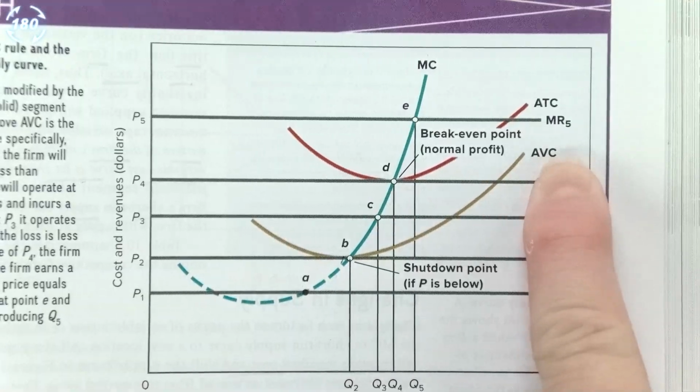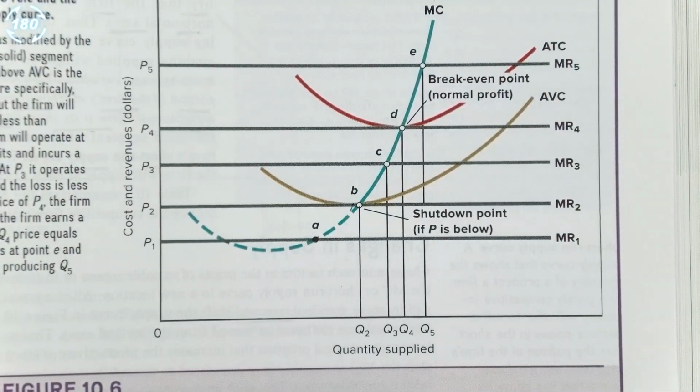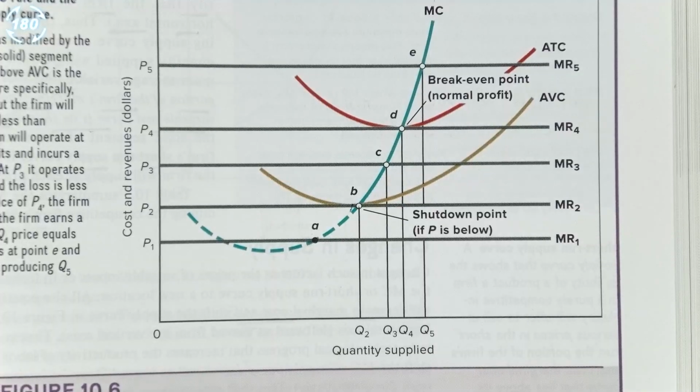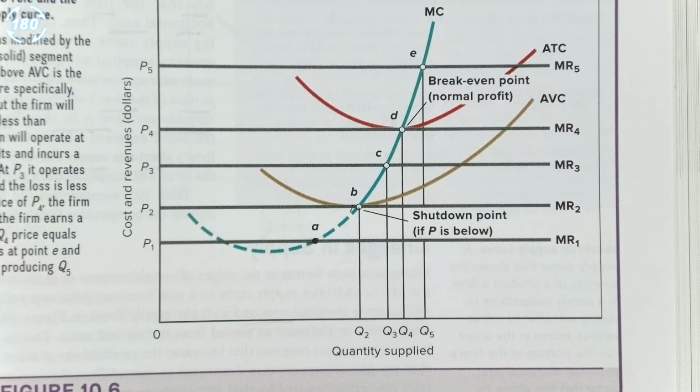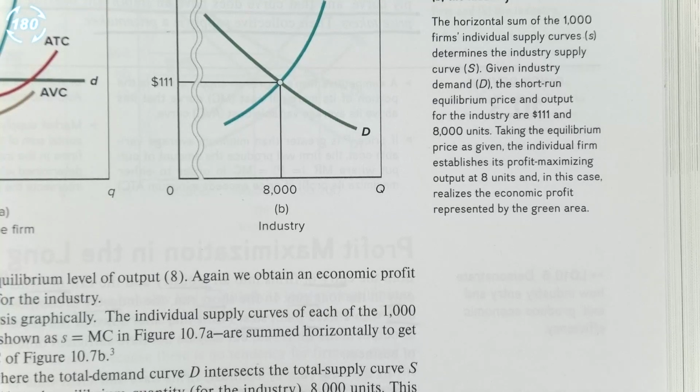You won't supply any if the market price is less than minimum average variable cost. That is to say, the price you get to charge for each bushel of wheat does not cover your labor or whatever your variable costs are. You got to experience a price that covers the variable cost, and it helps you pay down some of your fixed cost. All right?